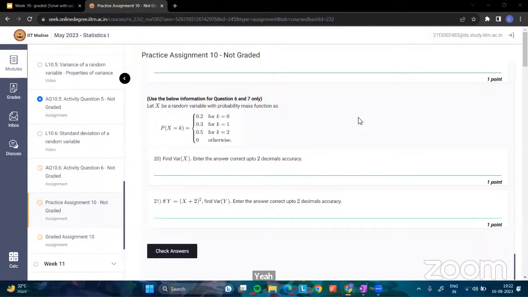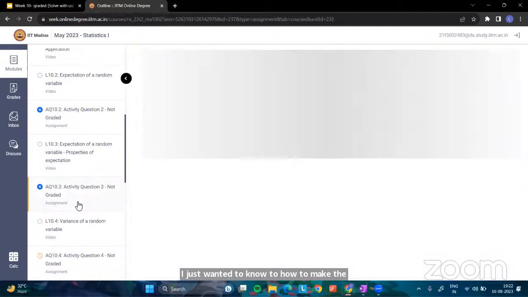Anything else? No, ma'am. Anurag, you can ask a question now. Ma'am, 10.3. I just wanted to know how to make the cases. Which question? Question number 3.